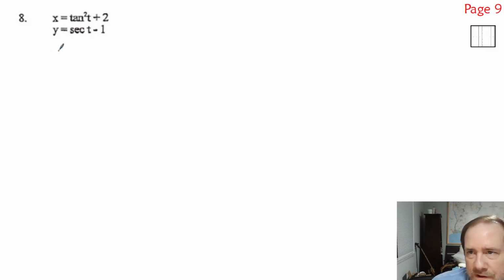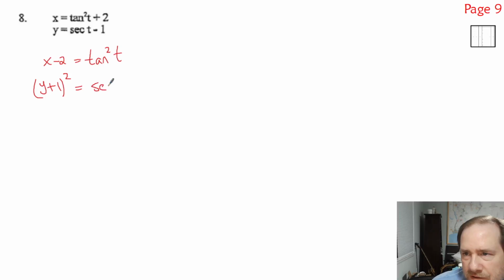So I'll end up with an x minus 2 that equals tan squared. I'll end up with a y plus 1 that does need to get squared so that I can get a secant squared. Then from here, now that everything's all set up, I need to subtract these, but I need to subtract them in the order where the secant squared comes first.